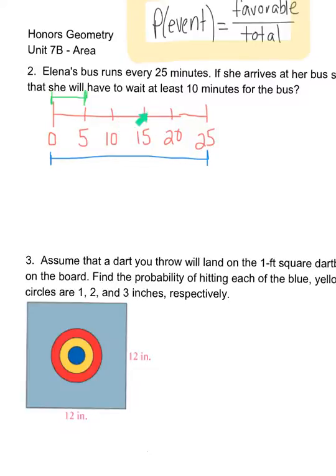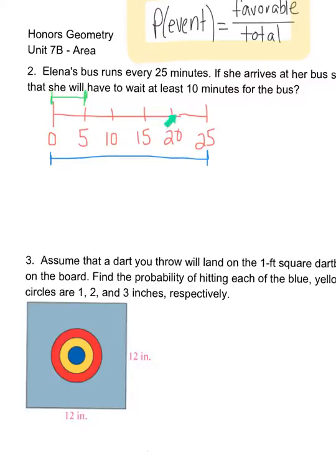If we go up to 15, she has to wait 10 minutes until the next bus comes. If we go up to 20, there's only 5 minutes left for the bus to arrive, which means she is not waiting at least 10 minutes for the bus.